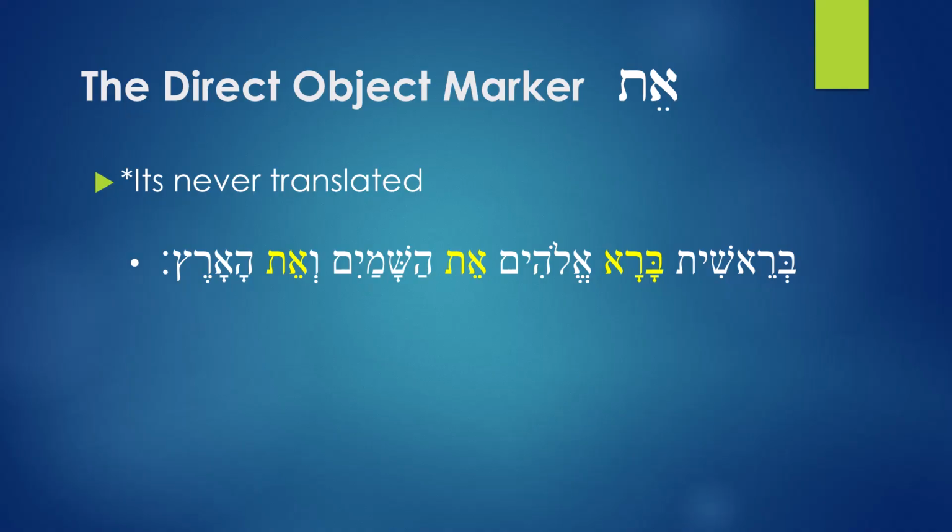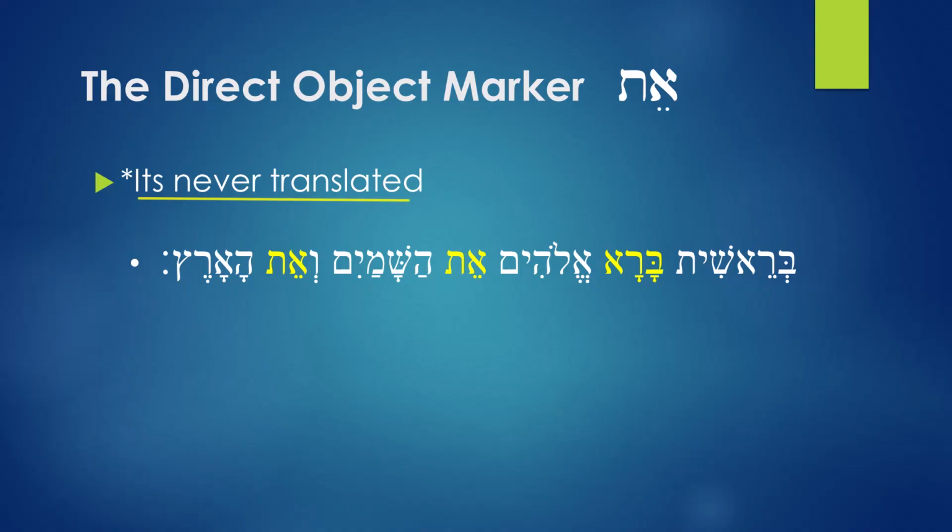A direct object is a word representing a person or thing upon which the action of the verb is being performed. The direct object may be definite or indefinite. If it's definite, it's usually going to be preceded by this small word, et. So et is going to point to the direct object. This particle et does not translate to anything.